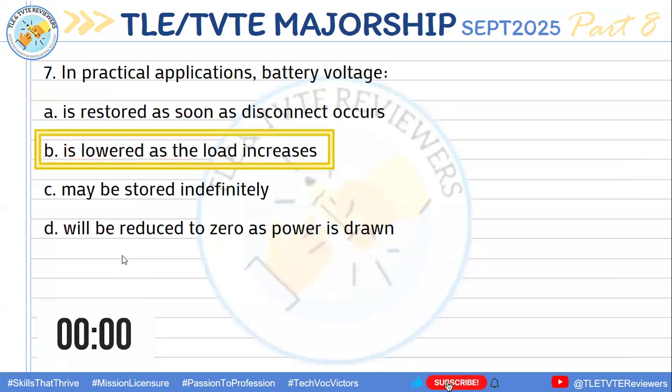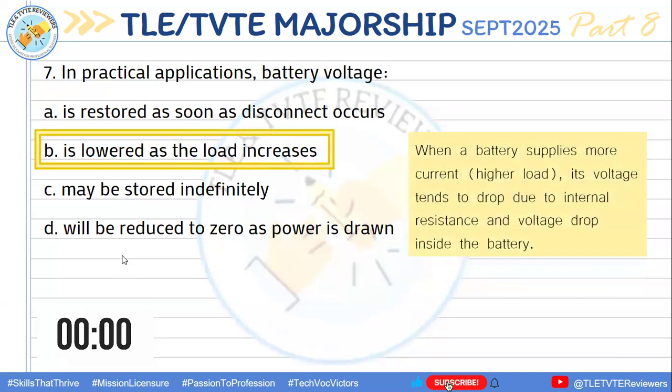Answer letter B, is lowered as the load increases. When a battery supplies more current or higher load, its voltage tends to drop due to internal resistance and voltage drop inside the battery.